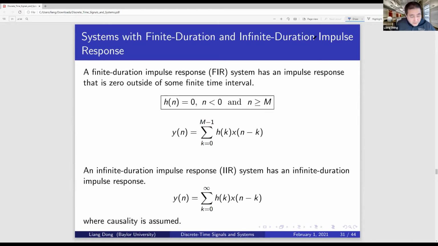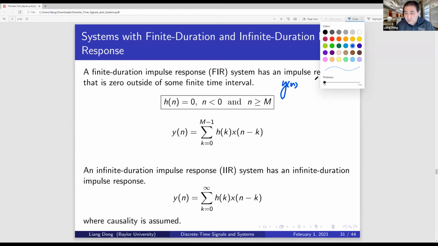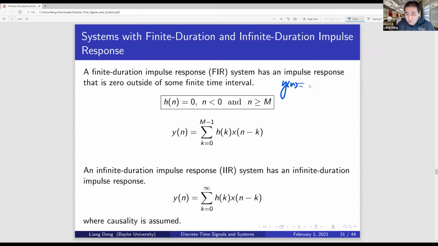How do we relate x[n], h[n], and y[n]? We use a convolution. So let me just write it here. Here is h[n]. Last time we talked about h[n] being the impulse response. So y[n], the output, is equal to h[n] convolved with x[n].